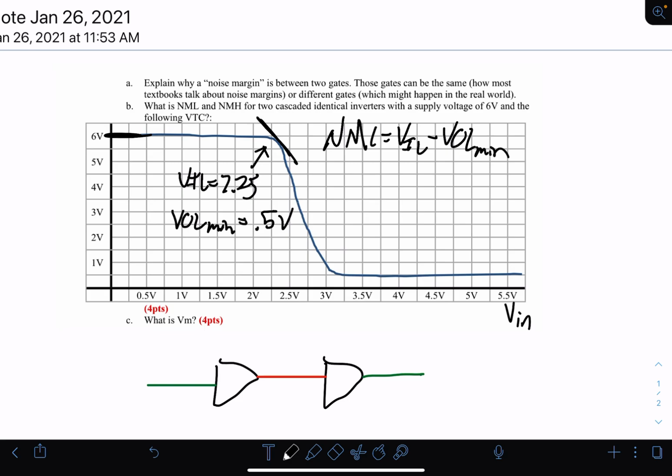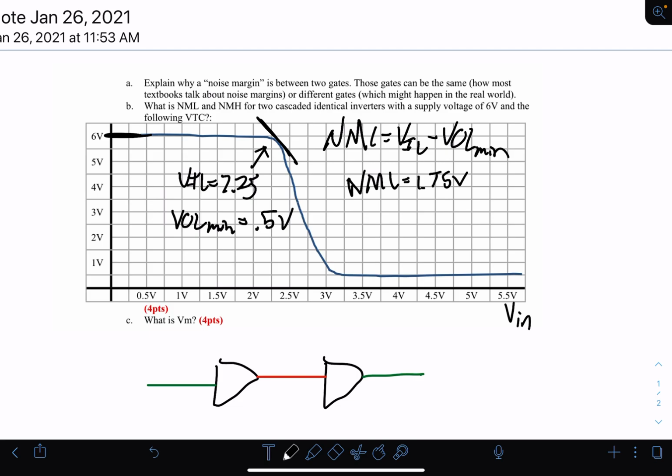A little bit of math, minus 0.5, and we get our noise margin low is equal to 1.75 volts. And that means that these two gates are compatible together because both the noise margin high and noise margin low are positive numbers.